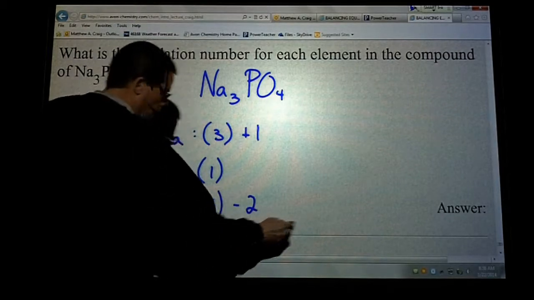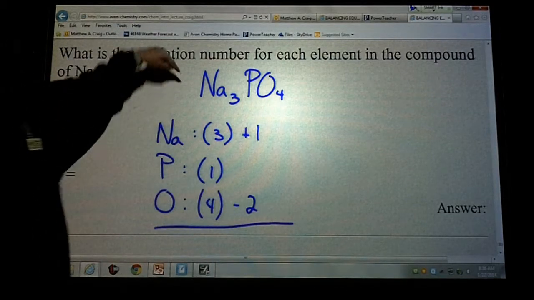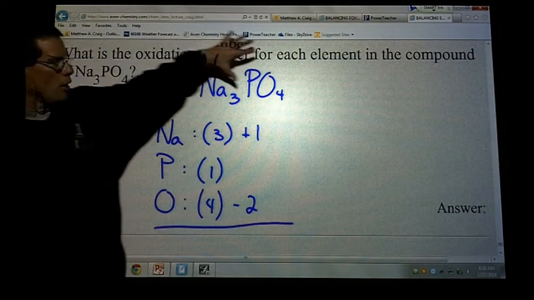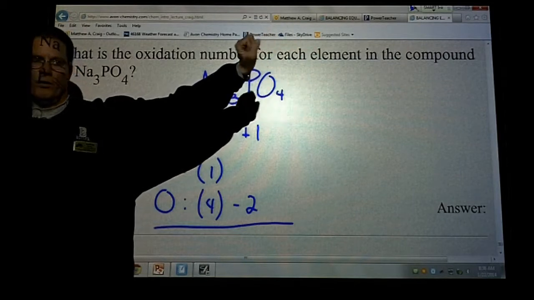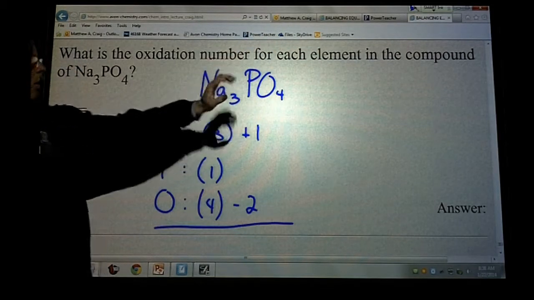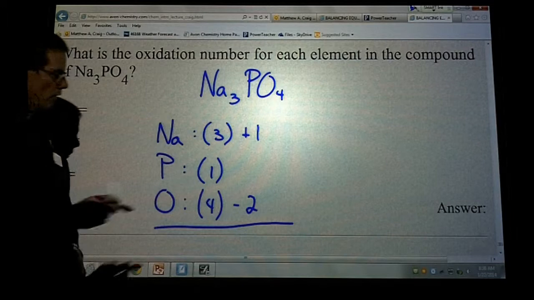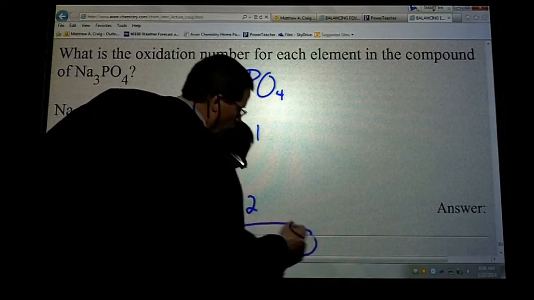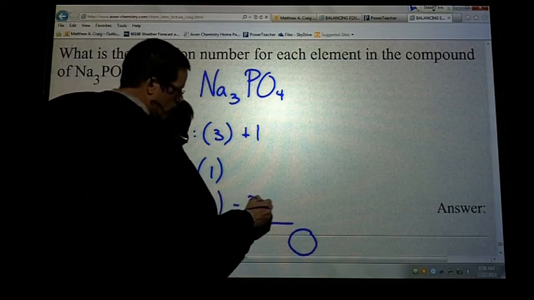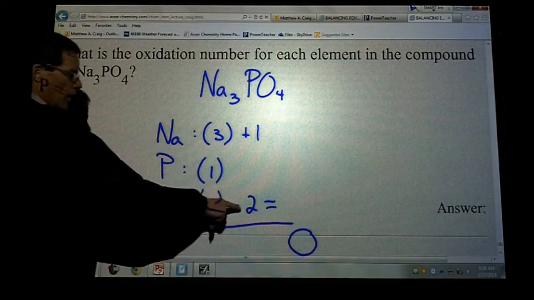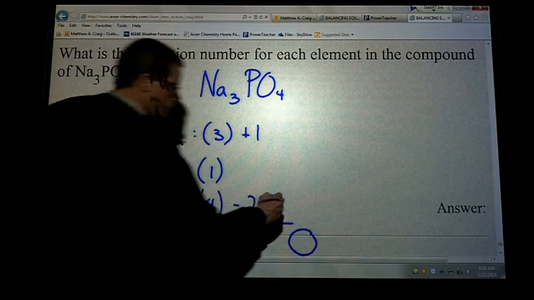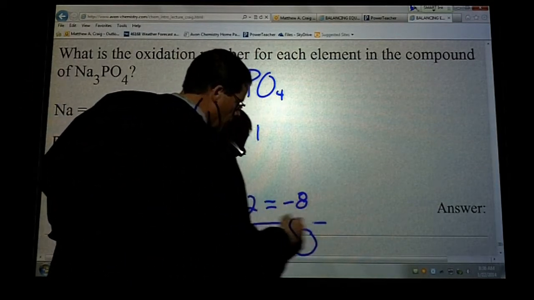Now, what's neat is this whole compound has a total charge of 0. In other words, the algebraic sum of all these elements adds up to equal 0. So we want to make sure that our total charges equal 0. So what is 4 times -2? -8. Good.